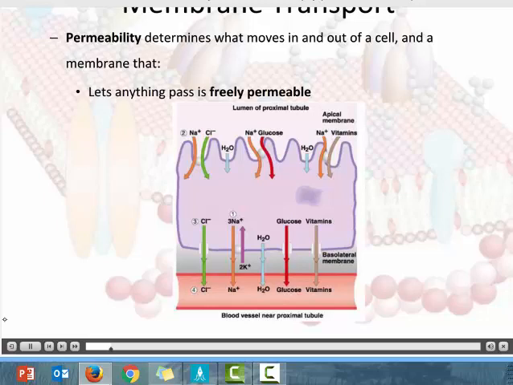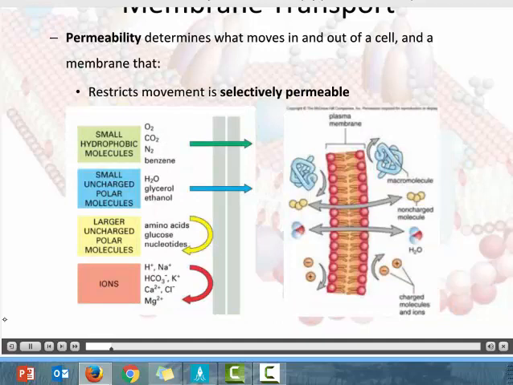And then finally, our middle of the road category is a selectively permeable membrane. A selectively permeable membrane will let some substances pass, and it will restrict the movement of other substances. So it selects which substances are allowed to move across the membrane.